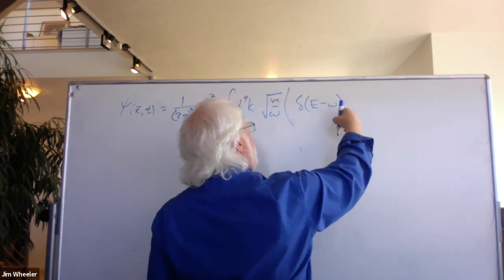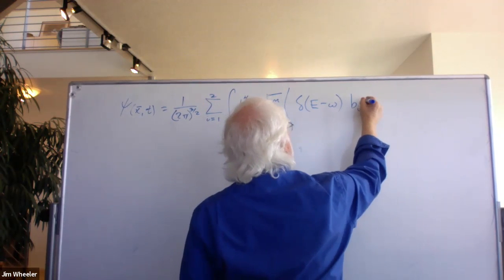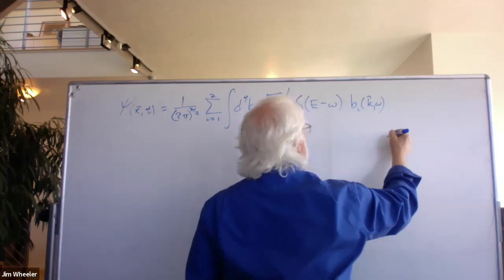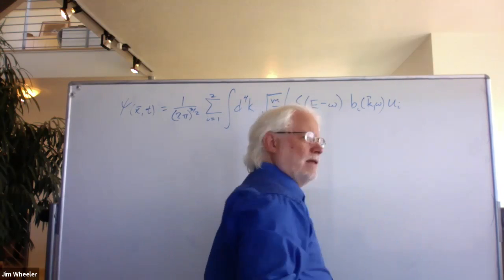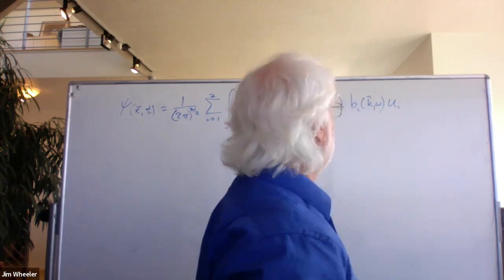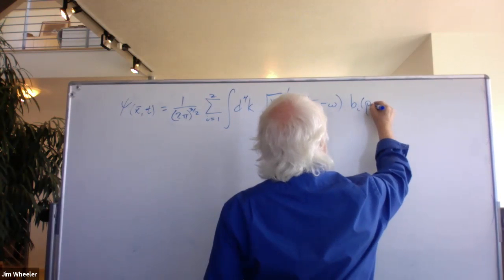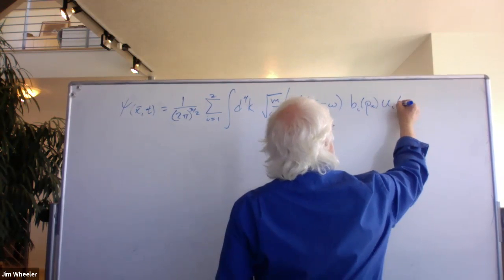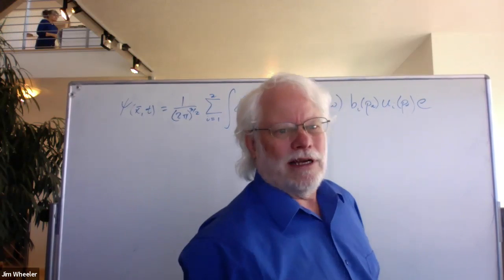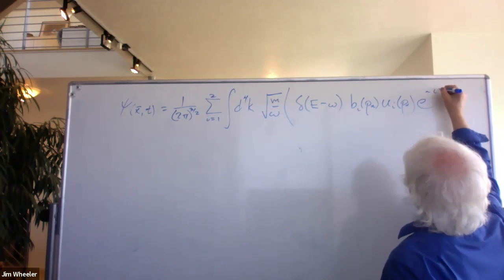For each different spin and each different wave vector, we have an amplitude. So this depends on k and omega. And then we have a basis spinor, which depends on the 4-momentum. I could write it this way: p depends on p, then the basis spinors, and then the Fourier mode, and that's the usual e to the minus i p_alpha x^alpha.